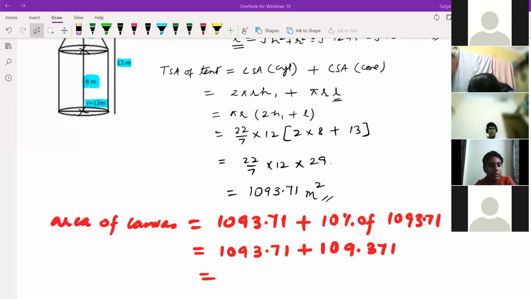Yeah. So the total area of the canvas. Some answers are coming, 1215 somewhere. I don't know, we'll see once again. No problem. Here our answer is 1203.081. We'll leave it till here only. Just see where some mistake is coming.